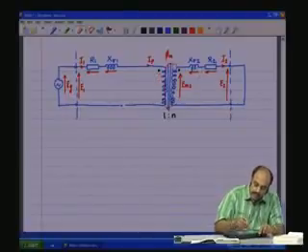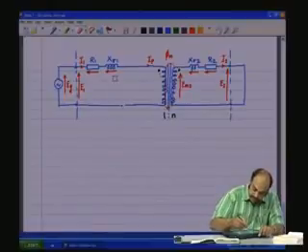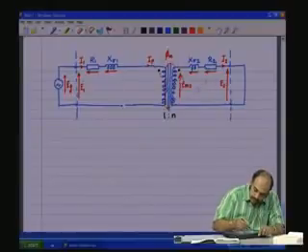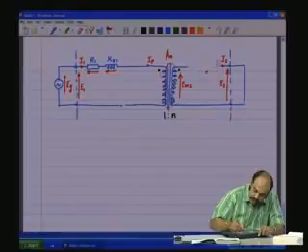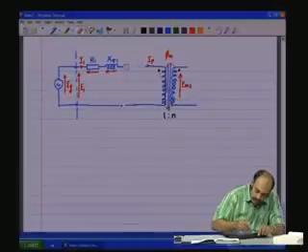These impedances can be transferred onto this side, which means that we remove these and transfer them onto the primary.